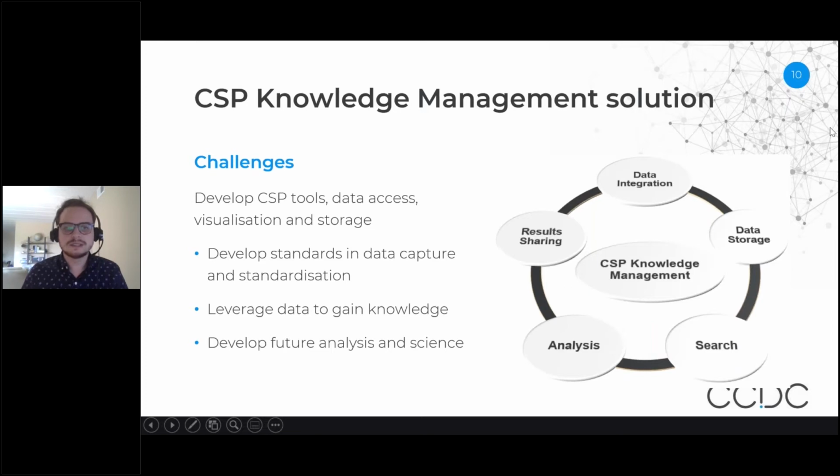So some of our challenges to designing CSP knowledge management solutions are we need to develop standards in data capture and standardization. And we need to find ways that we can leverage this data to gain knowledge. Like Pete said, we know that a tomato is a fruit, but we should be able to say that it doesn't belong in a fruit salad.